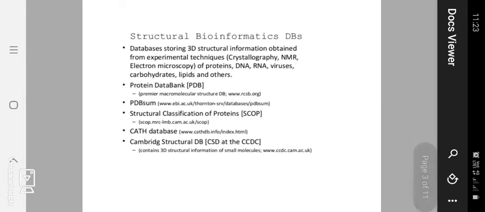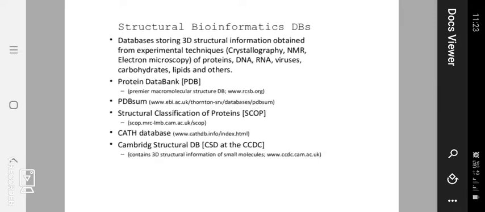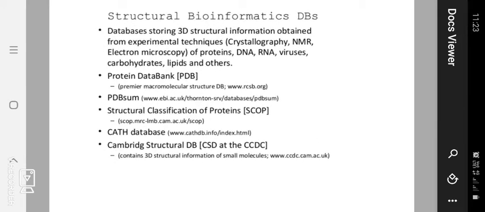Now the structural bioinformatics databases. These databases store the 3D structure information obtained from experimental techniques, particularly crystallography, NMR, and electron microscopy, of proteins, DNA, RNA, viruses, carbohydrates, lipids, and others.